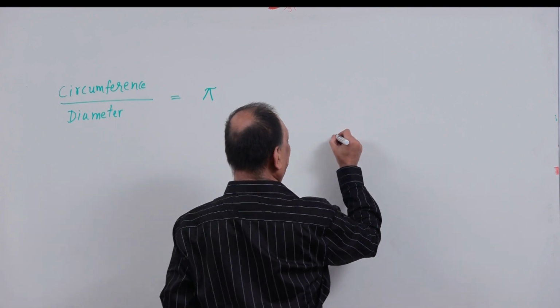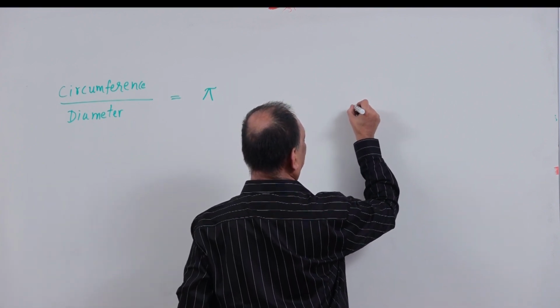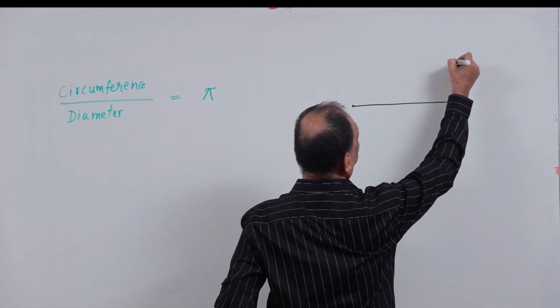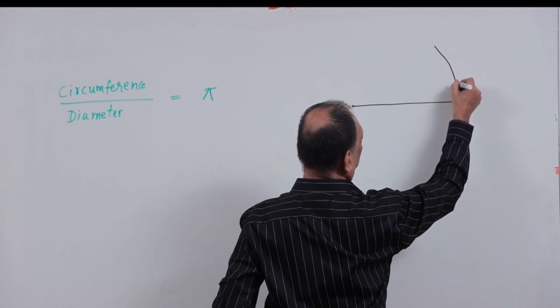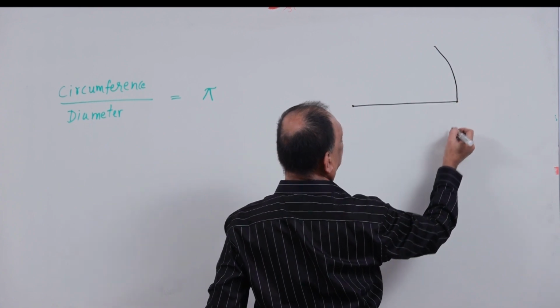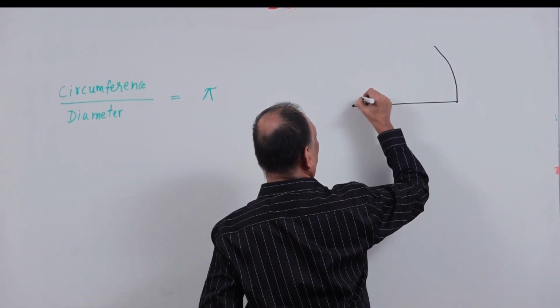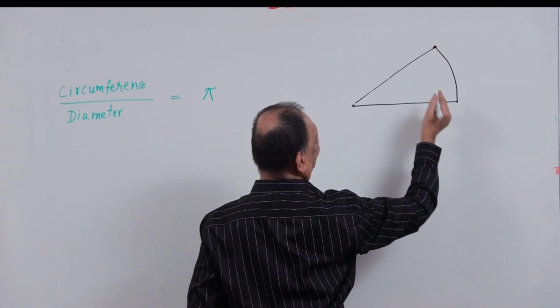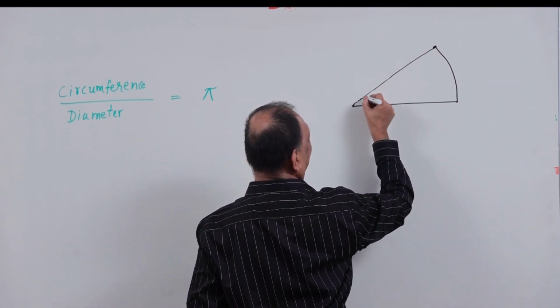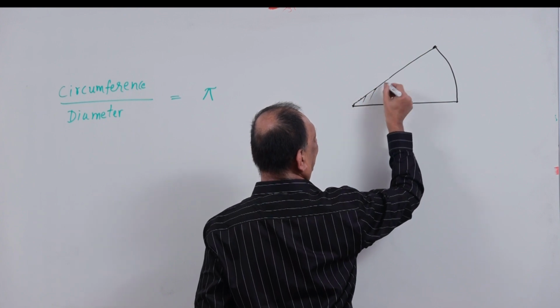So what I want to do is I want to take an arc of a circle, and I want to find the area of this arc. Sorry, area of this sector. So this inside area, this area is what I am trying to find.